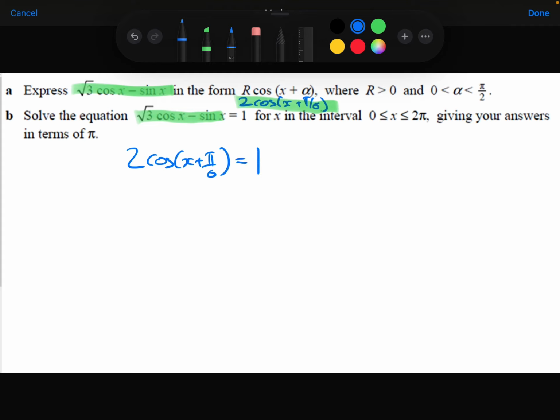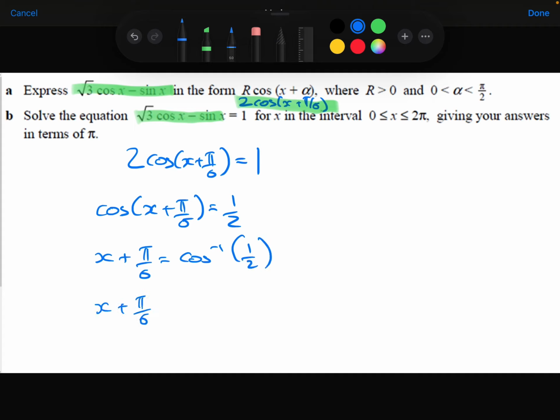And I know I want to solve it when that's equal to 1. I can now divide both sides of this equation by the 2 to get cos x plus pi over 6 is equal to 1/2. I can now do cos inverse. Cos inverse of 1/2 is pi over 3.